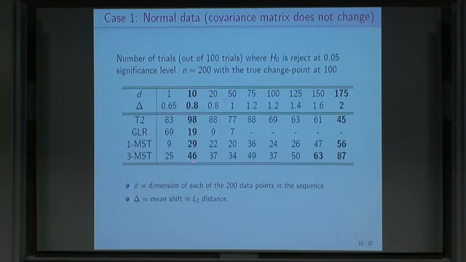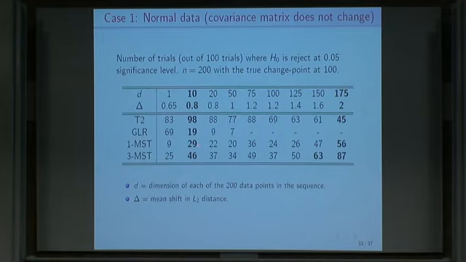And we see that the power of the generalized likelihood ratio test decreases much faster than the other tests. We would expect this because it estimates a lot of parameters, since for the generalized likelihood ratio test, it needs to estimate the covariance matrix for both groups. So its power decreases very quickly compared to the others.